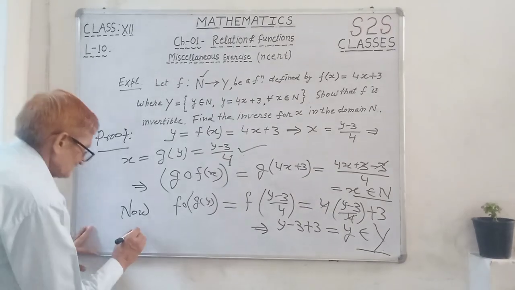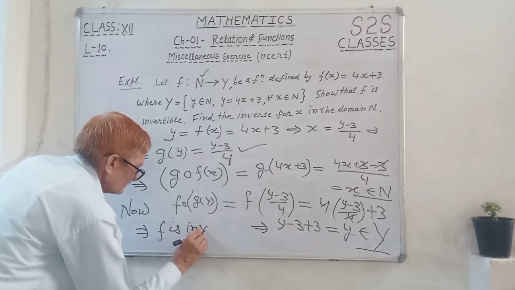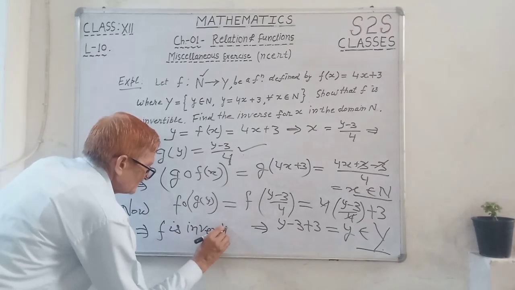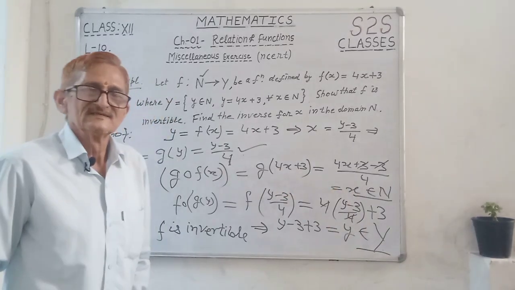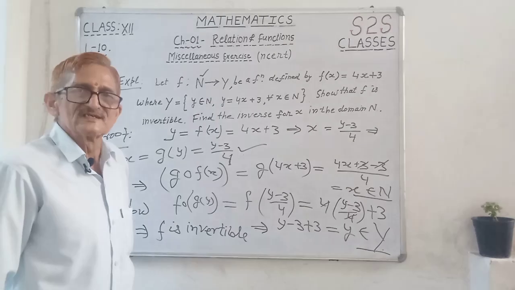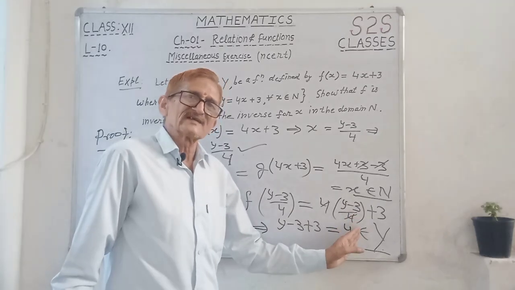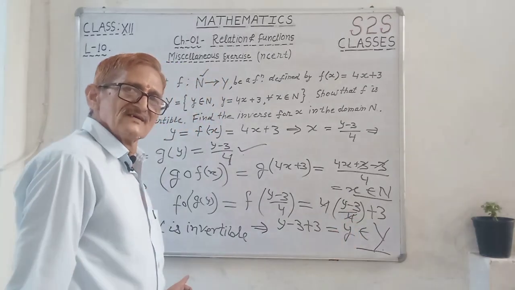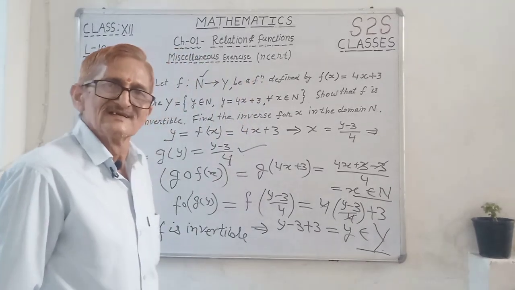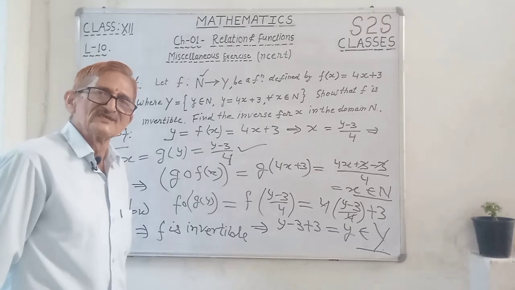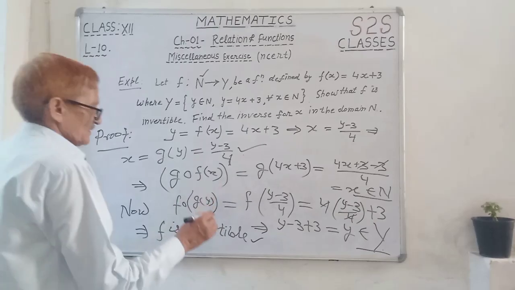So this implies f is invertible, because fog and gof both are identical. Okay? This is the definition of invertible: if gof is I_X and fog is I_Y, identical on the second set Y, then the function is invertible. Definition is proved. So hence we can say f is invertible.